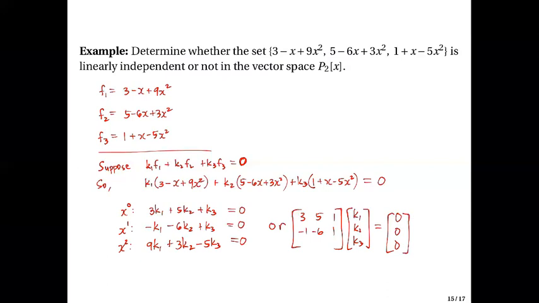For the third equation, you have 9, 3, -5. Okay? So following so far? Again, our goal here is to solve for K1, K2, and K3. We want to know if this will only have the trivial solution or not.